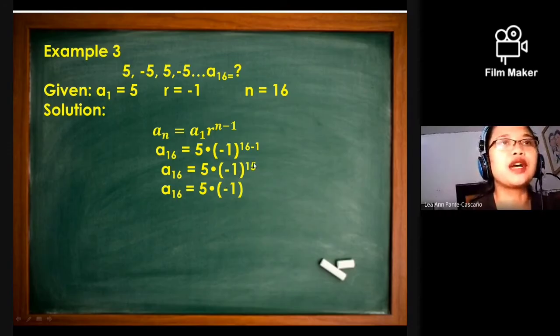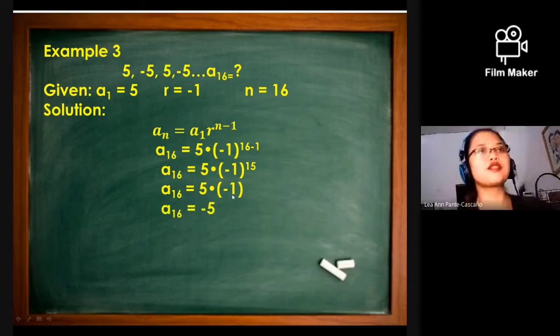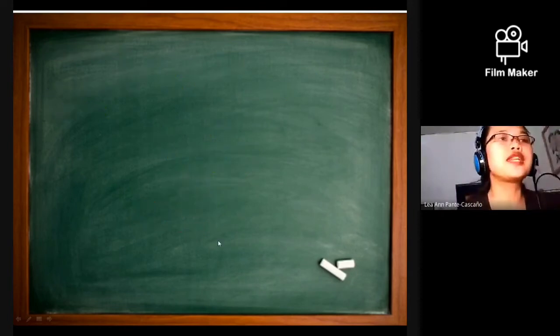Halimbawa po, ito ay naging 10. So ibig sabihin, negative 1 raised to 10 ay magiging positive 1 kasi even ang exponent. Kaya lang po, ang ating exponent dito ay odd, kaya ang mangyayari, ang sagot natin sa negative 1 raised to 15 ay negative. So the answer is negative 1. So 5 times negative 1 is negative 5. Therefore, A sub 16 is negative 5.